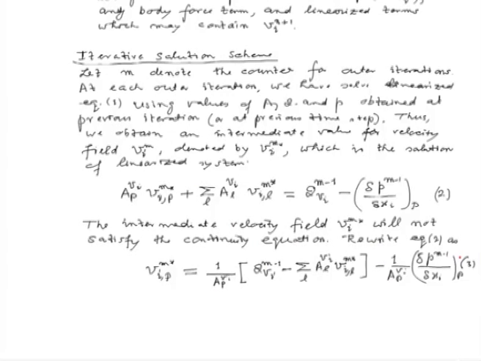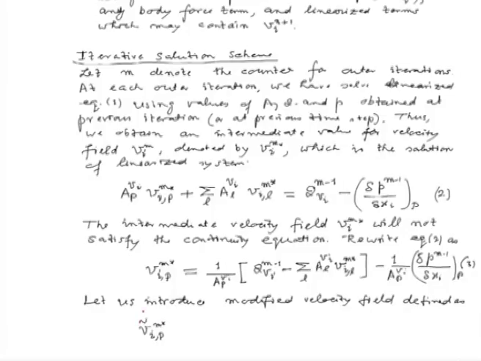This equation will not actually be used to compute anything, this is just an intermediate step in our derivation process. And let us introduce a modified velocity field, defined as, we will call it VI P M star tilde.